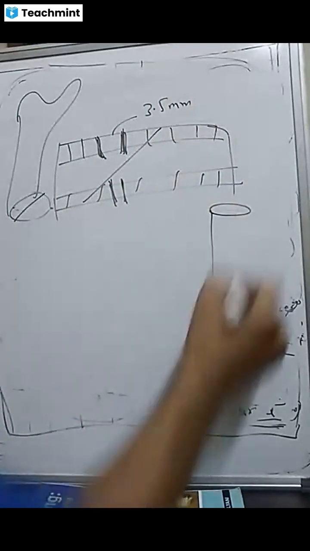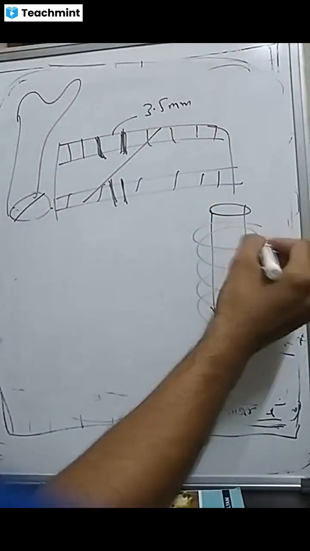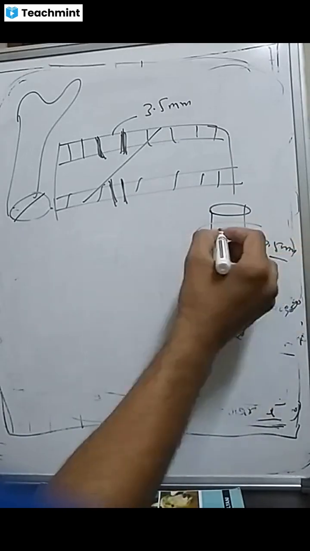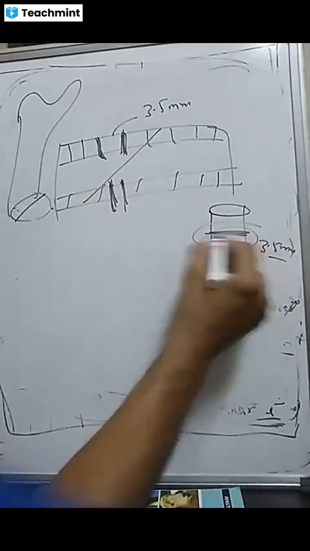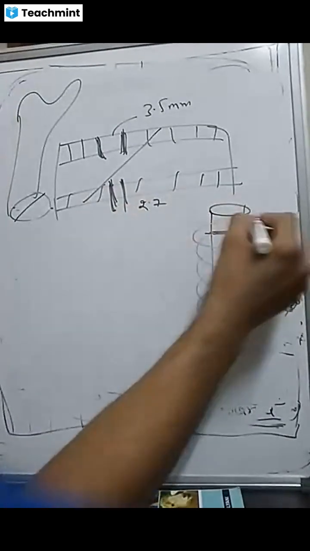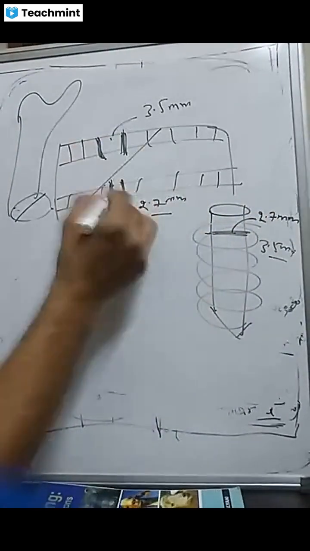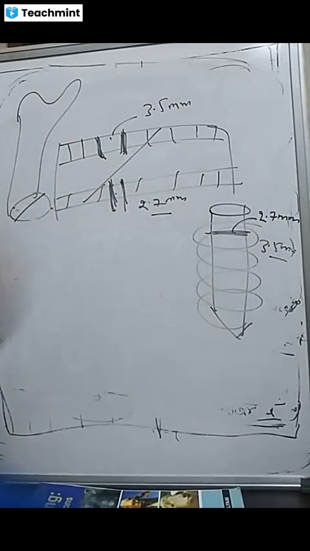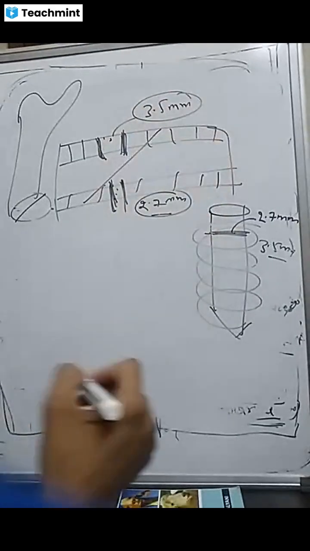Your screw is 3.5 mm diameter. And second, in the far cortex, this hole should be 2.7 mm. So two cortices are there, two holes, one small.